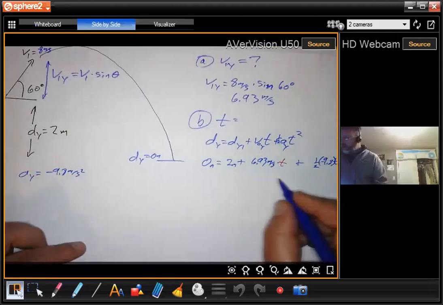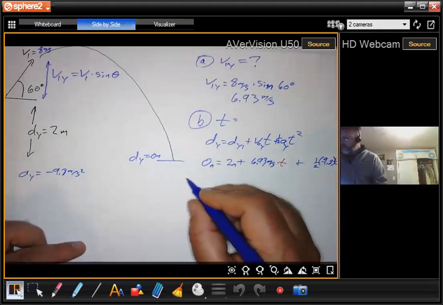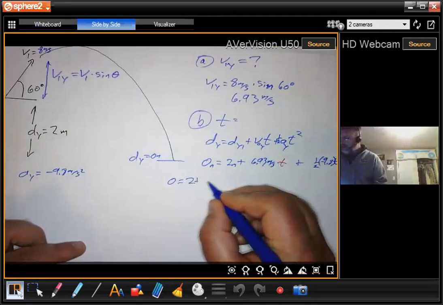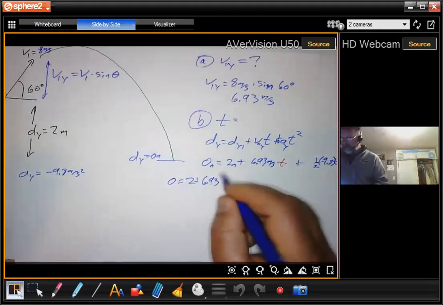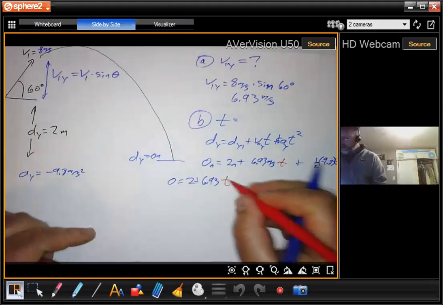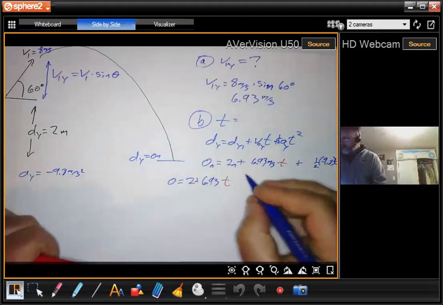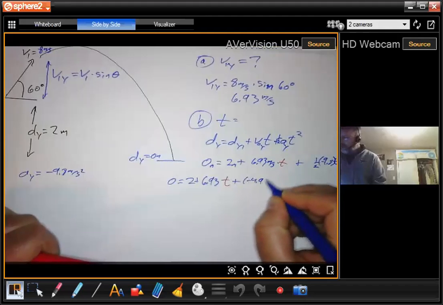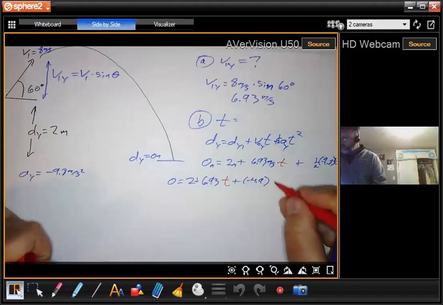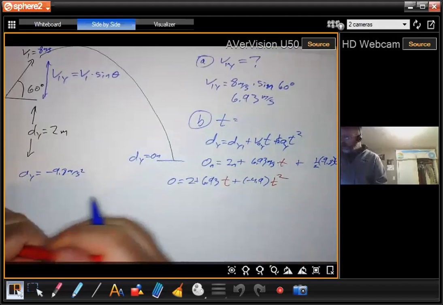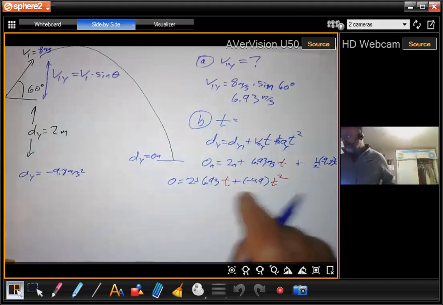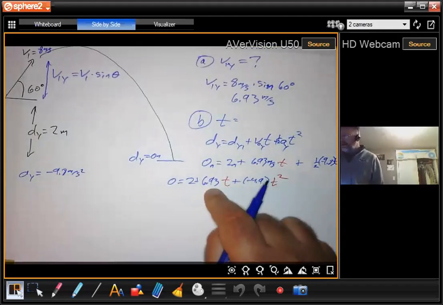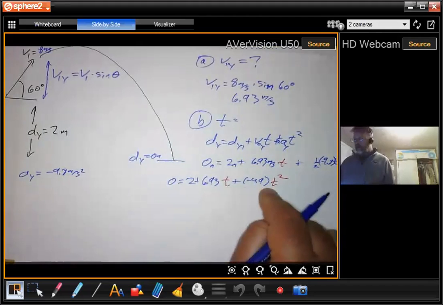Now we can start plugging this in. 0 equals 2 plus 6.93 t plus 1/2 of 9.8 is negative 4.9. In an ideal world, you would just look at that and know the factors of 4.9s and 6.93s, but that is not where we are today.